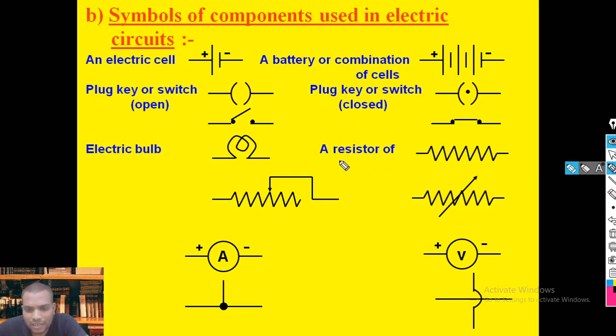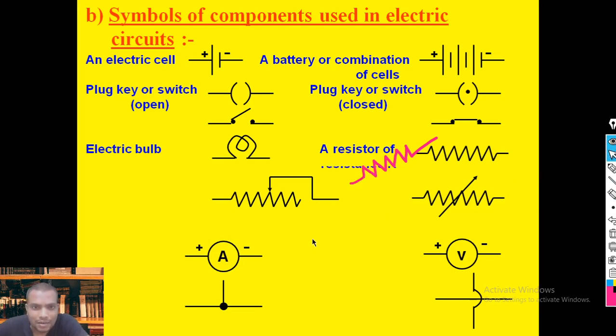For a moment, take this symbol as granted. I will make you understand in the coming concepts what resistance is. Right now I am just trying to make you understand the resistor symbol. We need to study much more about resistors. So this is the symbol for a resistor.